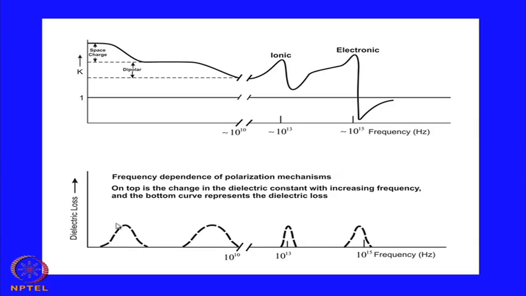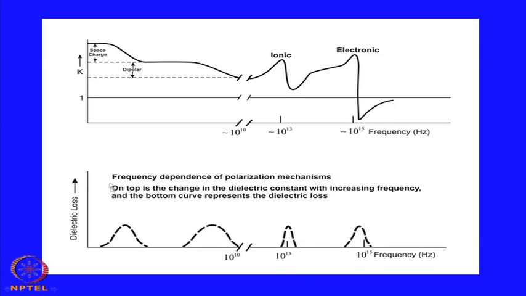This basically represents a loss of energy at that point. So, all these transitions will be associated with some dielectric loss or an energy loss at the frequencies where the transition is taking place.